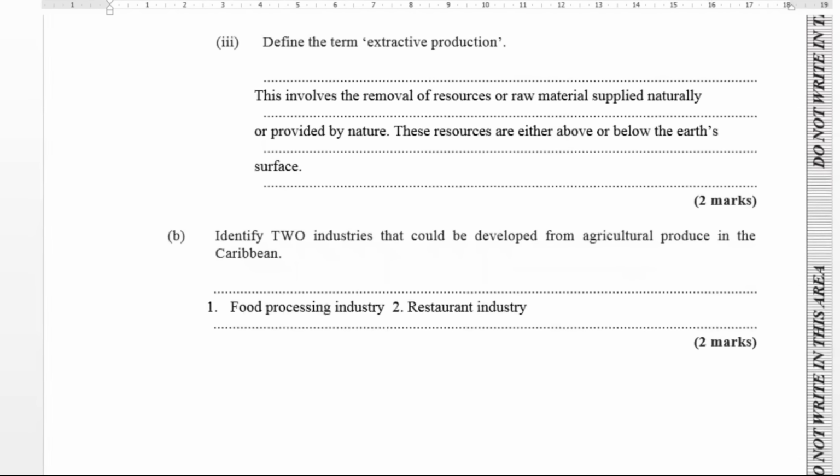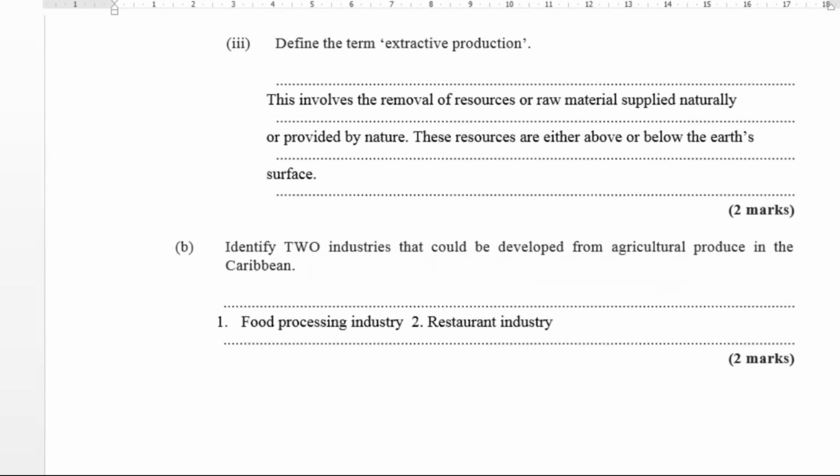The next question is for you to define the term extractive production. Now, this involves the removal of resources or raw materials supplied naturally or provided by nature. These resources are either above or below the Earth's surface.